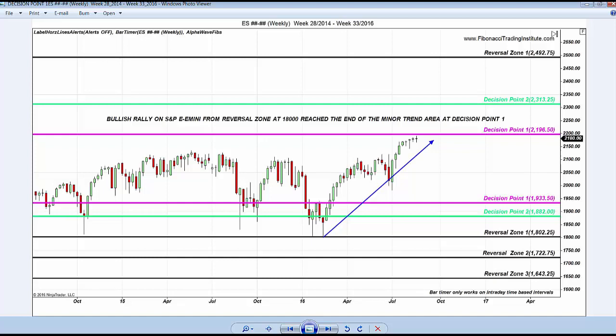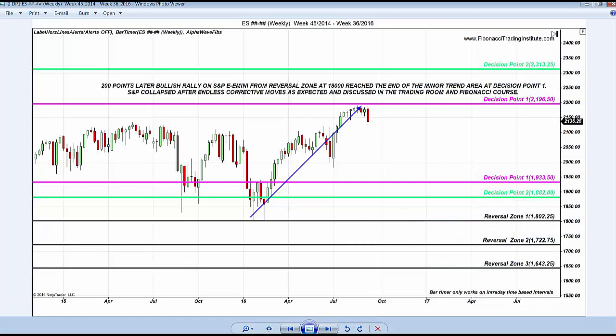This is exact same thing S&P had done, collapsing from the end of the minor trend, time and time again, before the trend becomes major, before the trend moves higher. This is key resistance. Do not enter into. If you're trading long term, it is absolutely crucial level.